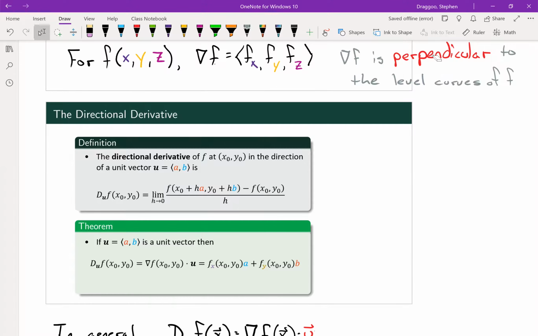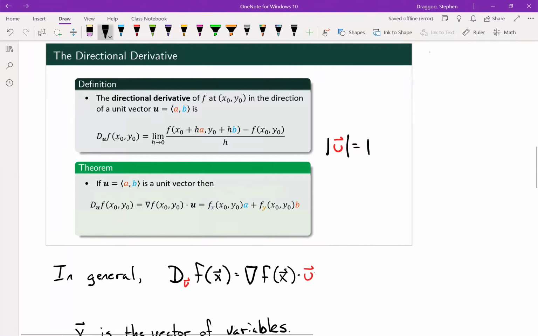And then we'll take the dot product of that gradient with whatever direction we want to go. And again, it needs to be a unit vector, meaning that the magnitude is 1. That's what it means to be a unit vector. So we'll just take the dot product of that unit vector with our gradient.